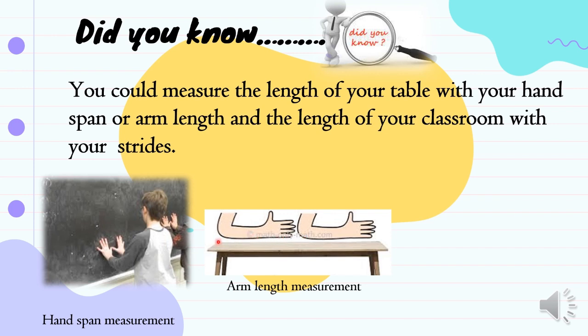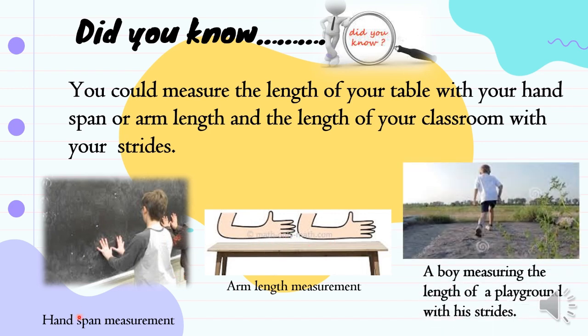You start from the longest part of the table, which is the length. You want to measure the length of this table. Just simply put your arm length measurement, that is from your elbow to your finger. You mark where it ends. You start again from where it ends to mark another arm length. That's how to measure with your arm length.